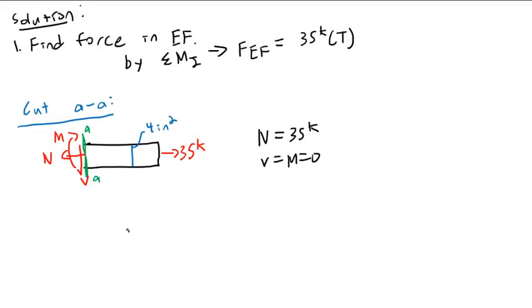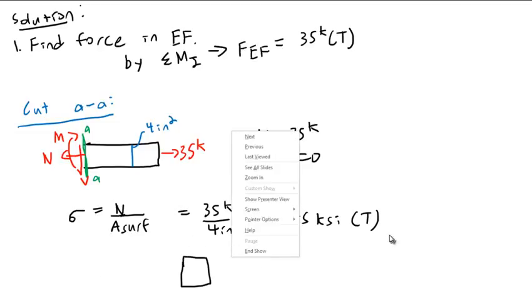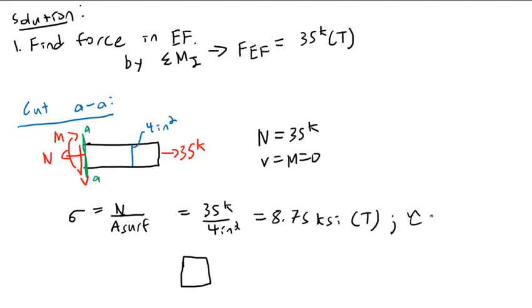Now, sigma is going to be equal to N over the area of the surface, or area of the cut, same thing, equals 35 kips over 4 inches squared equals 8.75 KSI in tension. So if I draw the stress block there, or the stress point, stress at this point, and tau equals 0.